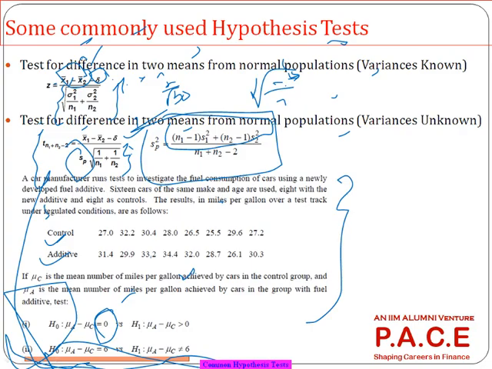Fair enough. Now I can apply the test statistic, because the question is to check for 0, whereas the alternate check is for greater than 0, which means the alternate hypothesis is a one-tailed kind of test.